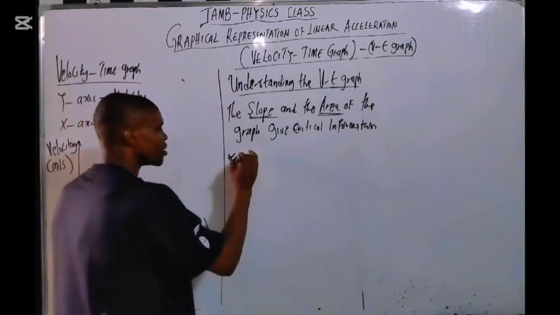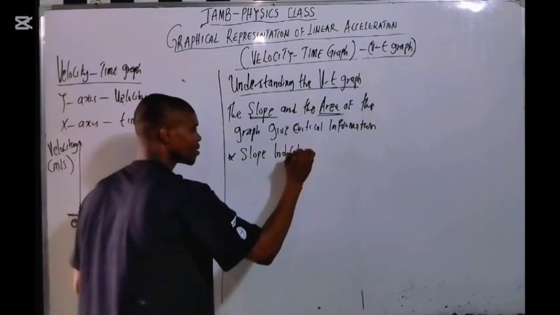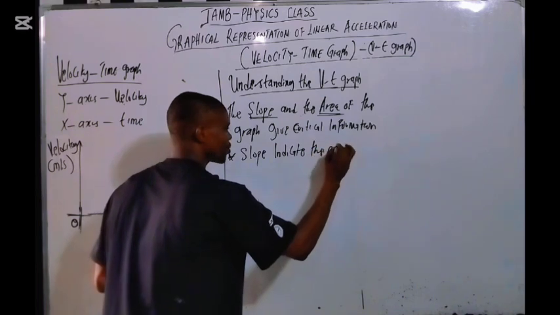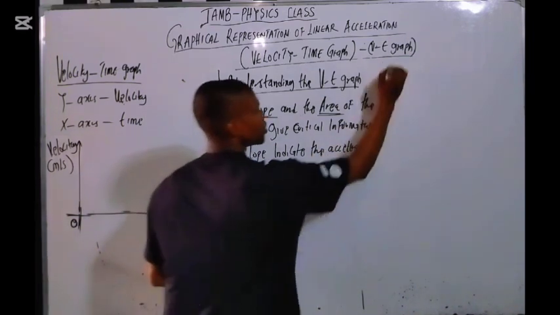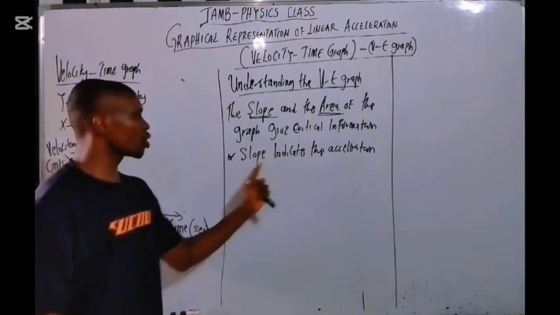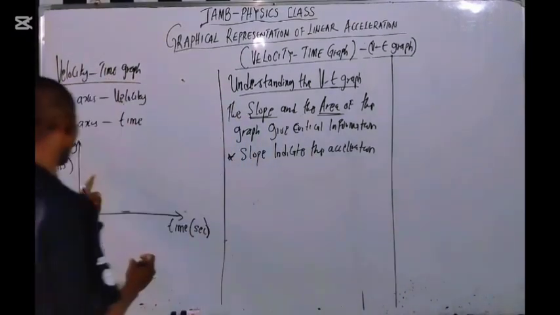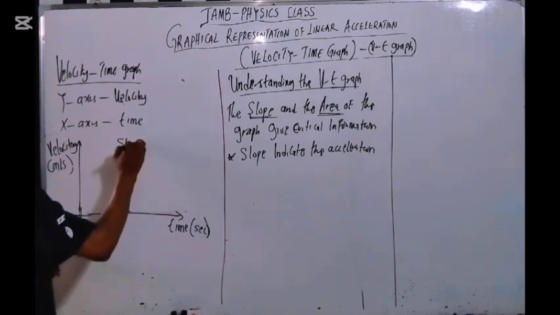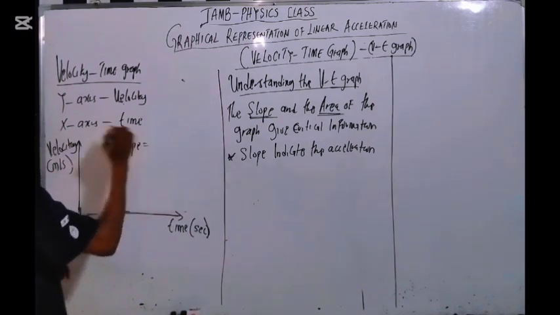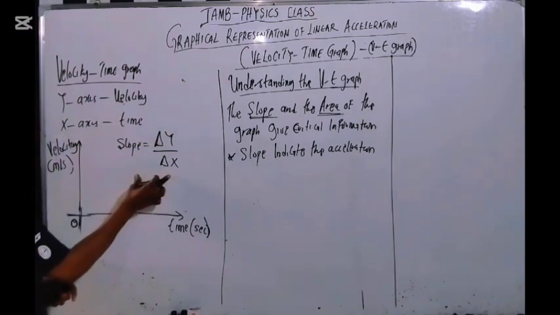Slope indicates the acceleration. The slope always indicates the acceleration. Remember, the slope of a graph is equal to the change in the y-axis over the change in the x-axis.